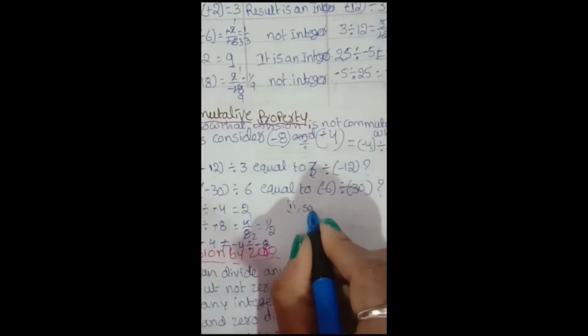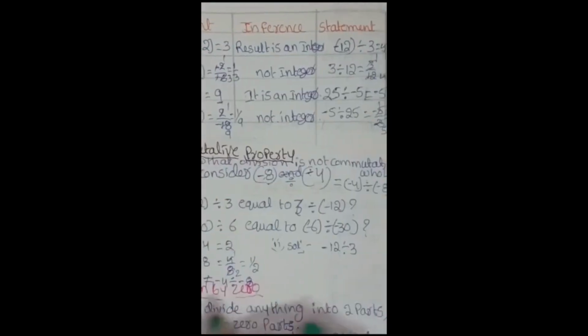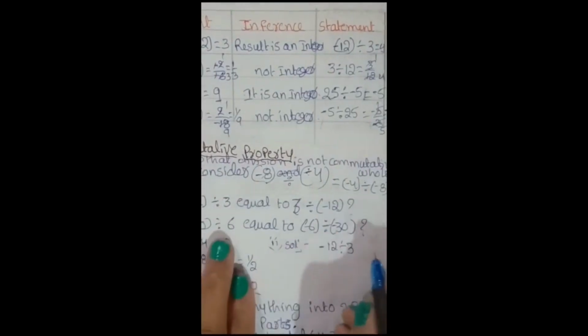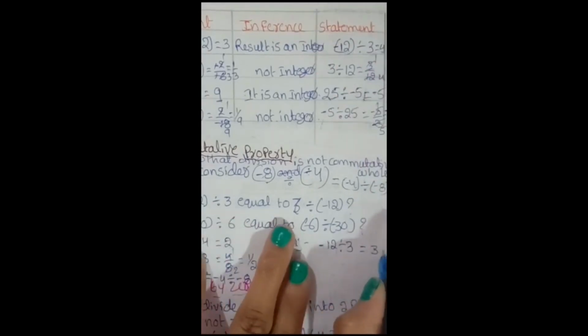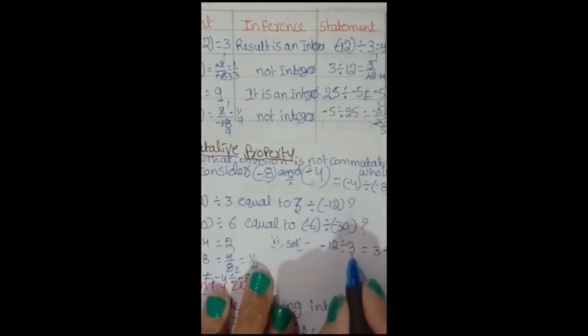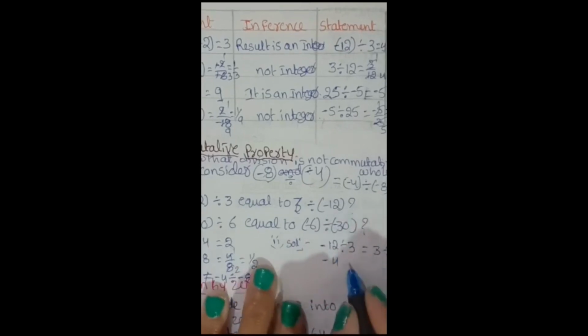First of all, solve the second problem. Minus 12 divided by 3 equal to 3 divided by minus 12. LHS and RHS. LHS: minus 12 divided by 3 is minus 4.